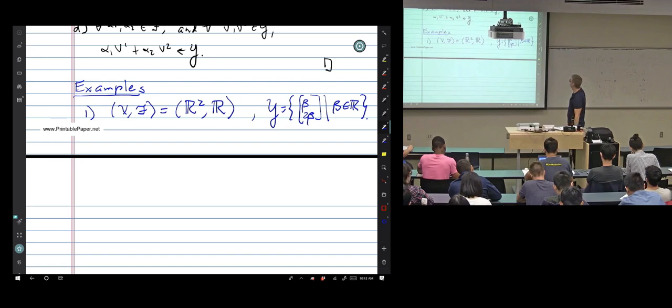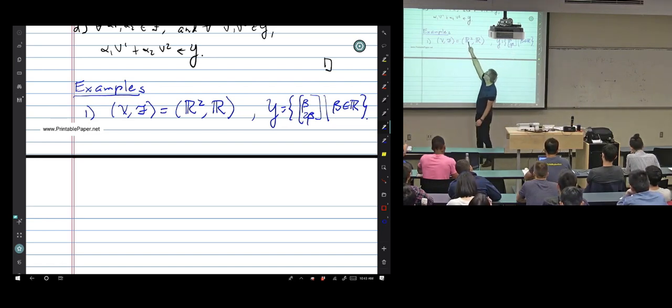We're going to apply the proposition. So is this set a subspace of R2?